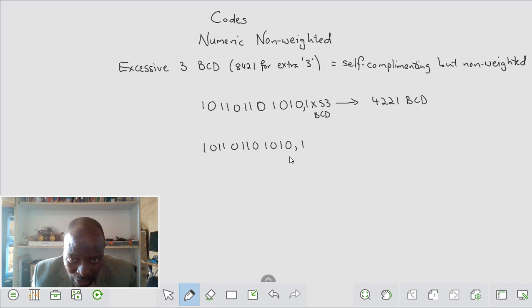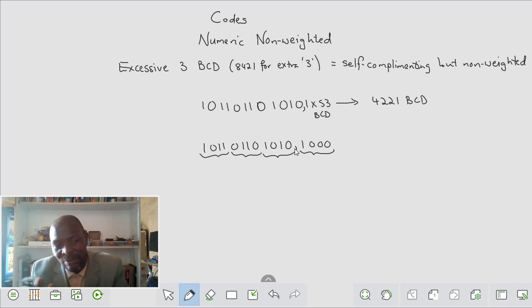I want you to know that the counting starts from the comma, 4 bits, the other 4 bits, the other 4 bits. Now this needs to be 4 bits as well, so we add zeros in front of it. Zeros in front of a number after a comma do not alter the value, so we have done nothing wrong.